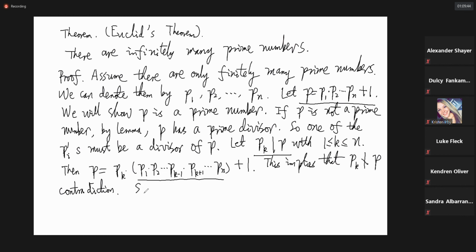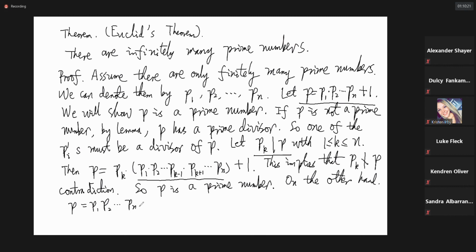So this tells you P is a prime number. And on the other hand, this P is greater than or equal to any Pn. On the other hand, P is equal to P1 times P2 up to Pn plus 1.